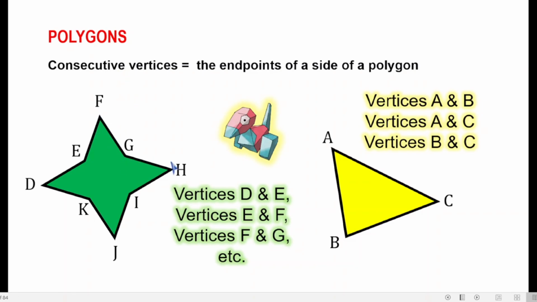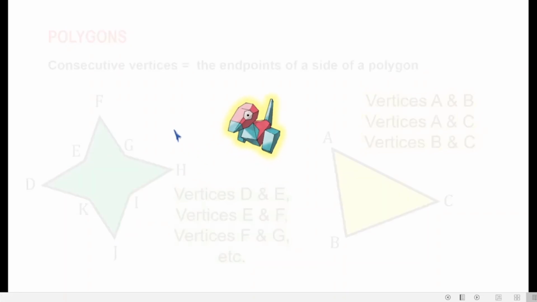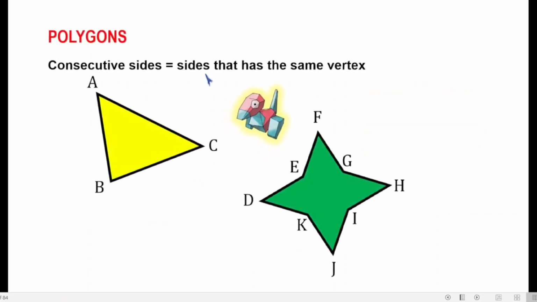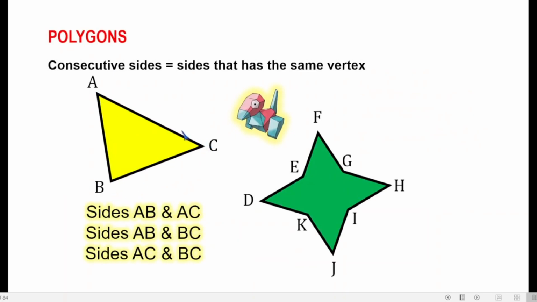F and G, H and I, I and J, J and K. Consecutive sides have the same vertex. Example, AB and AC, their common vertex is A. AB and BC, B. AC and BC, C. So if they have the same vertex, then they are consecutive sides.